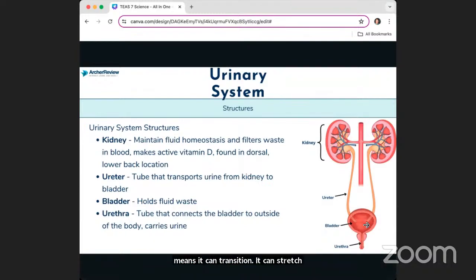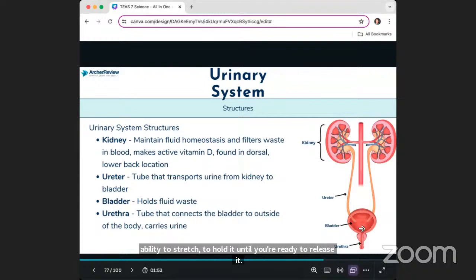And thankfully, it does that, because if you've ever had to hold your waste, you can thank your bladder and its ability to stretch, to hold it until you're ready to release it. And that fluid waste would be released out of your body through the urethra. We talked about that in the reproductive system. It connects your bladder to the outer portion of your body, carrying that urine.